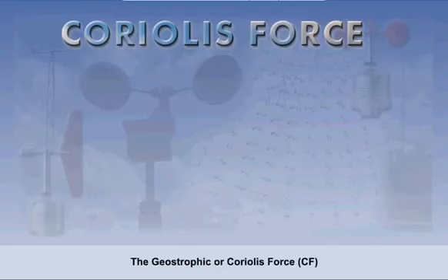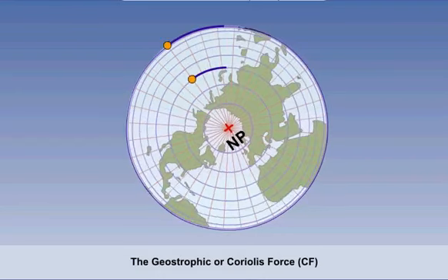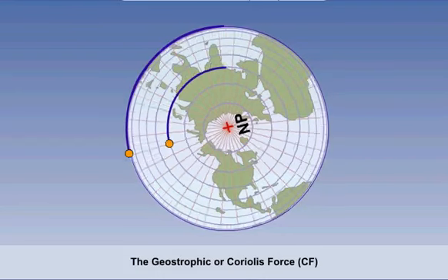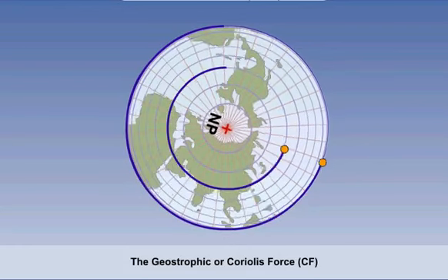The image shown here is seen from an observer looking down on a North Pole. We are going to compare 2 points on the Earth. One of these is at the equator, shown here, and another at 60 degrees north, shown here. As the Earth goes through one rotation, these 2 points return to their original positions within the same time period.